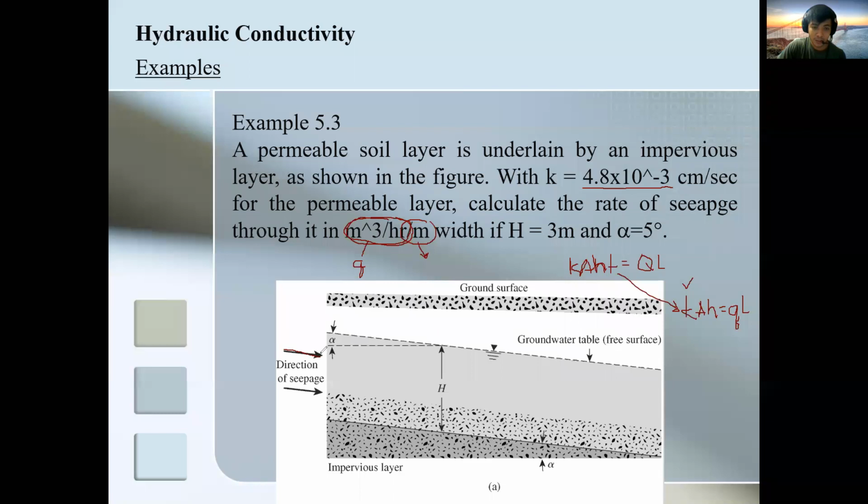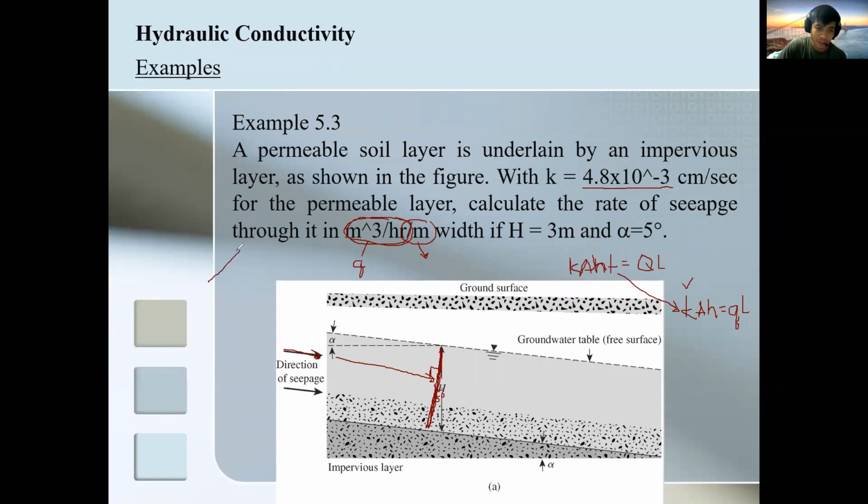So dapat ang area is perpendicular sa direction, meaning dili kaning h but kaning inclination niya, kay dapat siya perpendicular. Now since we have 5 degrees, dapat kani siya 5 degrees.